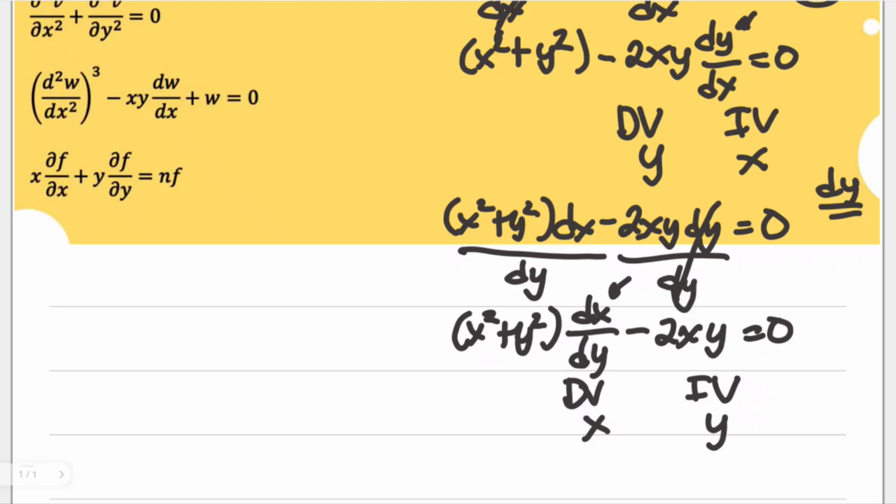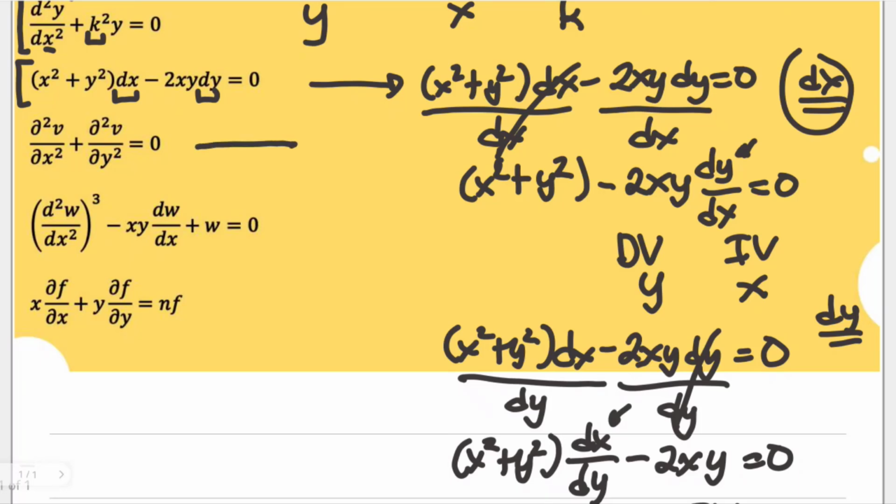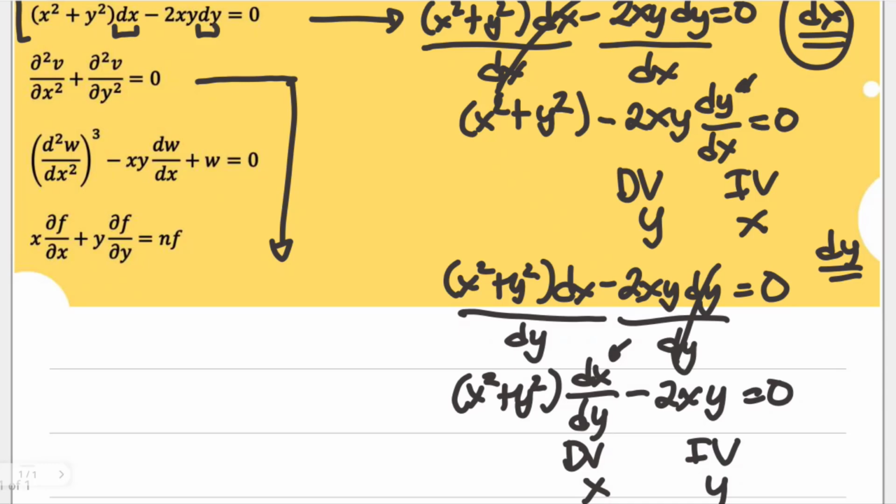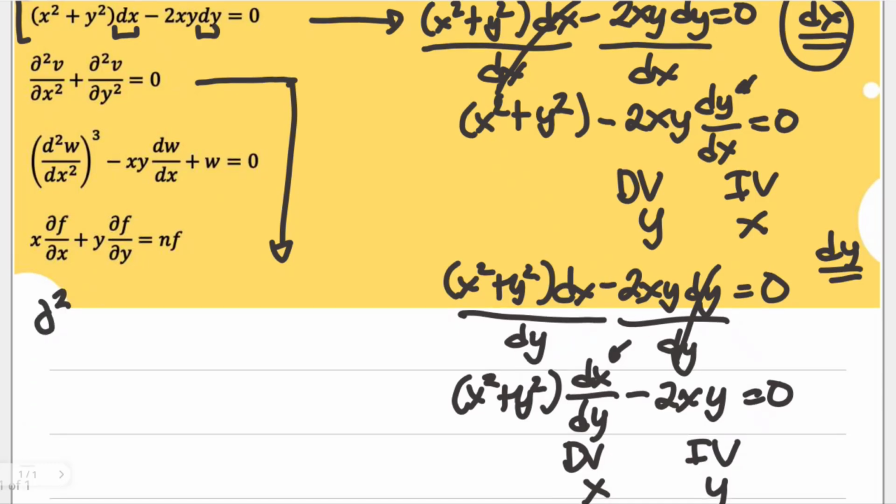So let's proceed now to number 4. Let me rewrite this at the bottom because I don't have much space. This is the second-order partial derivative of v with respect to x, plus the second partial derivative of v with respect to y, equal to 0.